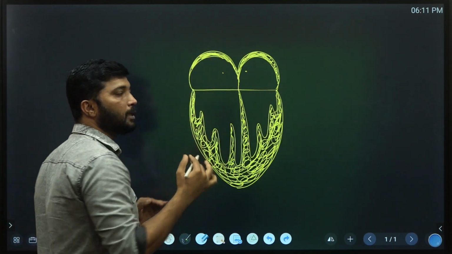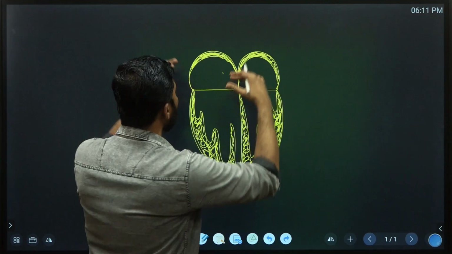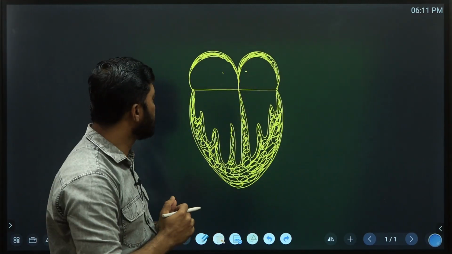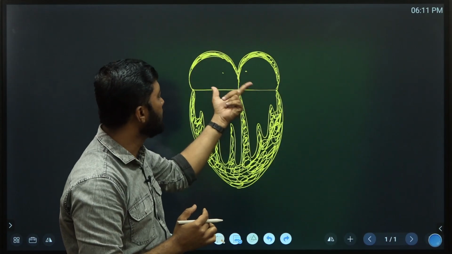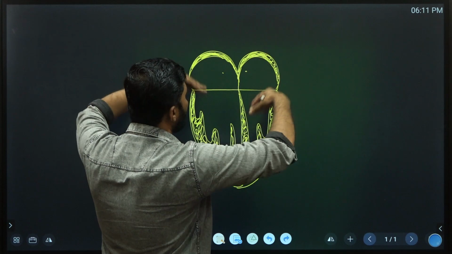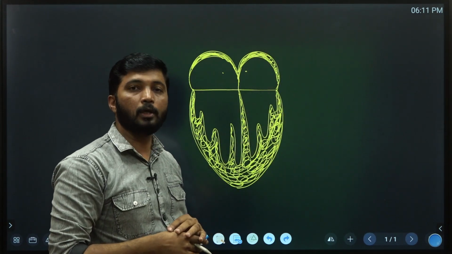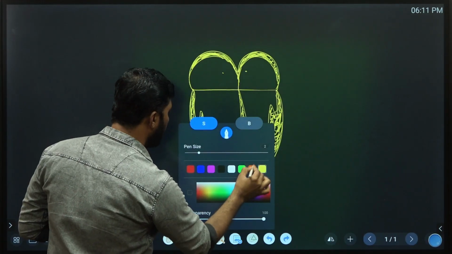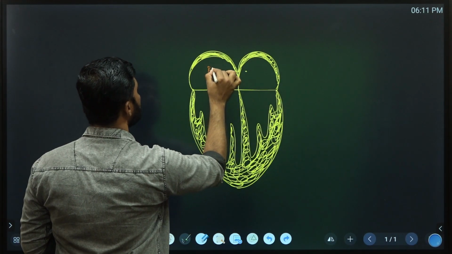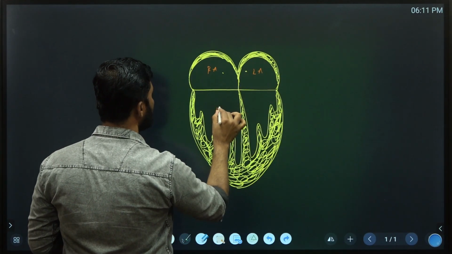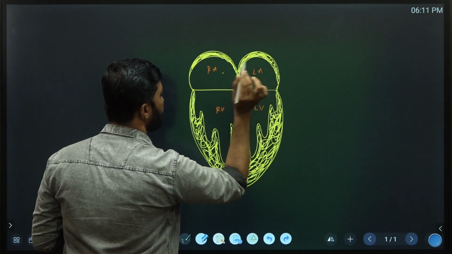Atria are also called receiving chambers because they always receive blood from different directions of the body, whereas ventricles are called pumping chambers because they pump the blood to different directions. So in total there are 4: right atrium, left atrium, right ventricle and left ventricle.